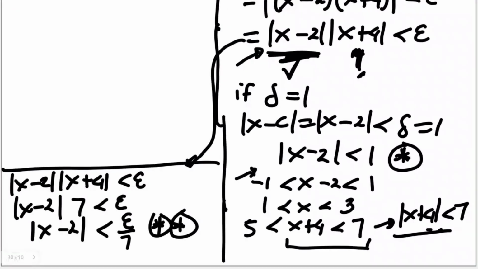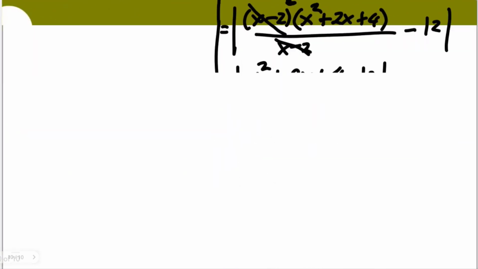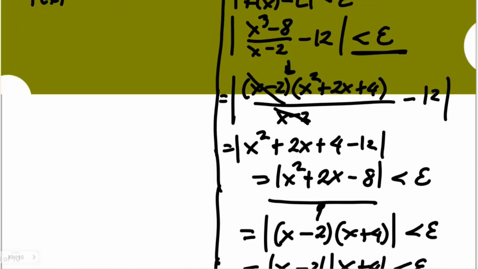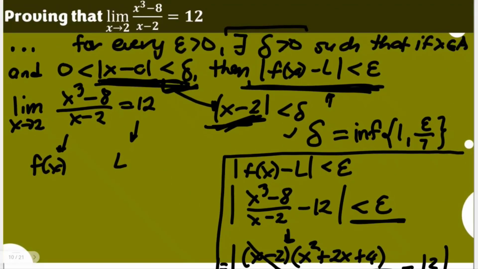Yes, 1 and epsilon over 7. Okay, so we are doing all of this without proving it, but to illustrate the form for delta which could be substituted here. So this guarantees the existence of our delta needed to prove this limit statement using the definition.